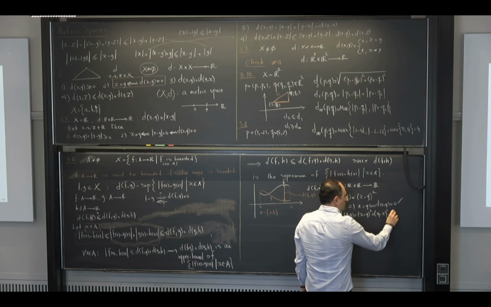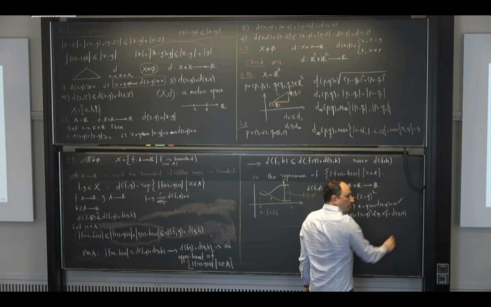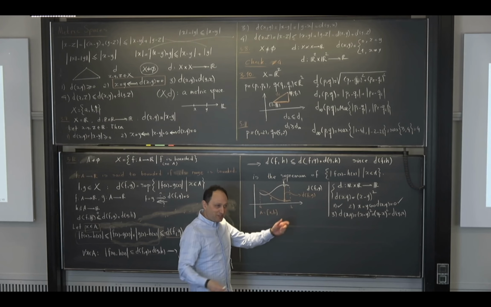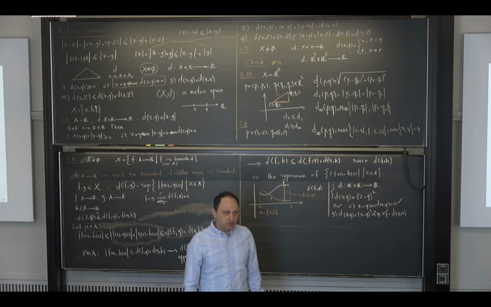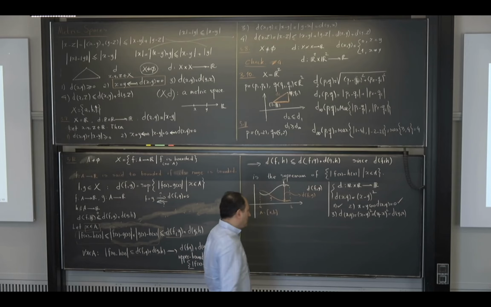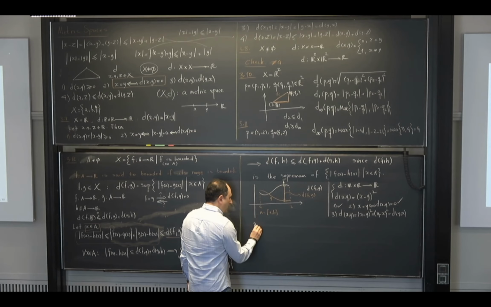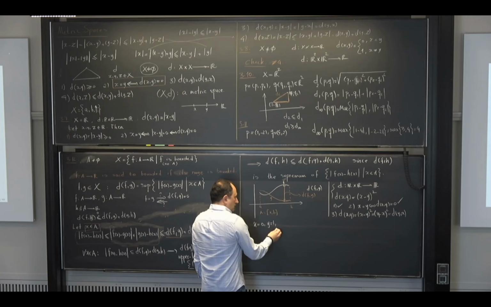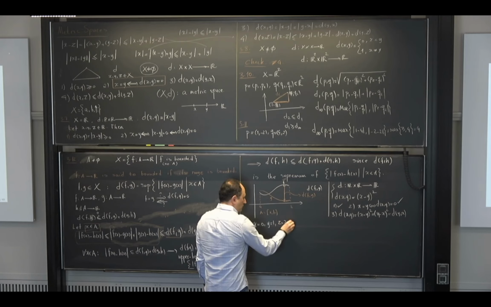And this one becomes d of y and x. Do you agree? So far it seems it is a good candidate, but suddenly you see that the last one does not work. If you want to show it doesn't work, you cannot prove it, you have to disprove it. It means that you have to bring a counterexample. So, for example, let us take x to be 0, y to be 1, z to be 2. Hopefully it will work, okay?